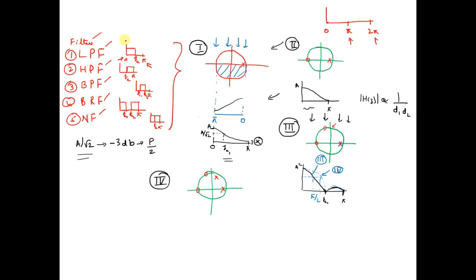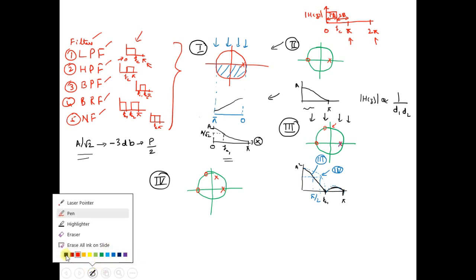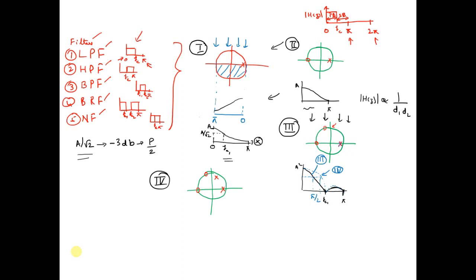Now if you look at the low pass filter, an ideal low pass filter would look something like this. 0 to fc is the pass band, PB, and fc to pi is the stop band. This is the modulus of H of z on the y-axis. This frequency response repeats, because digital signals are discrete time signals.